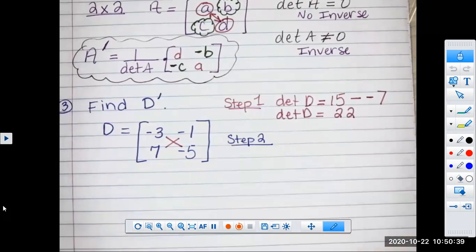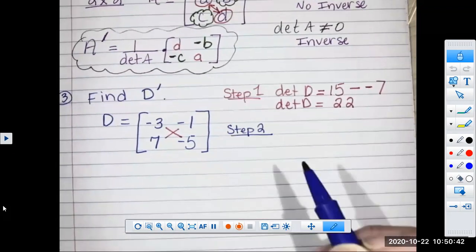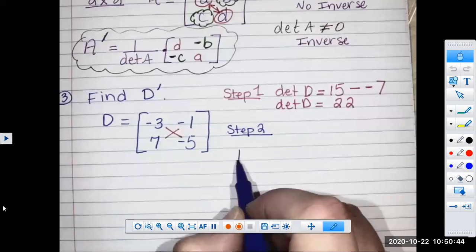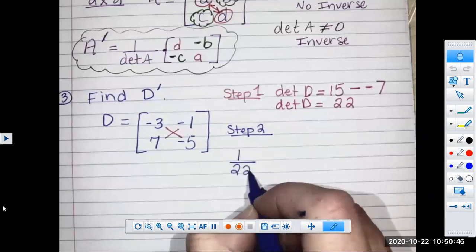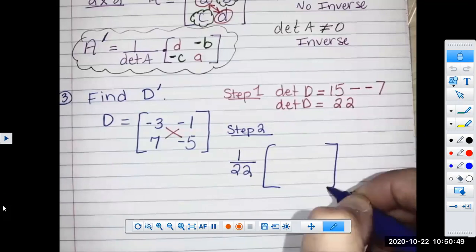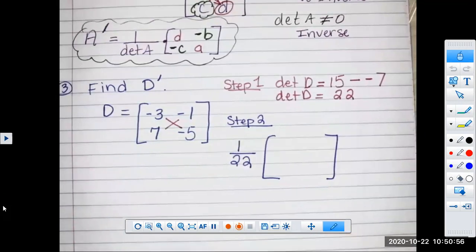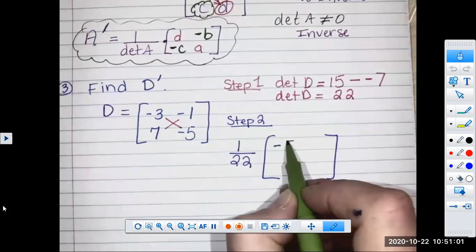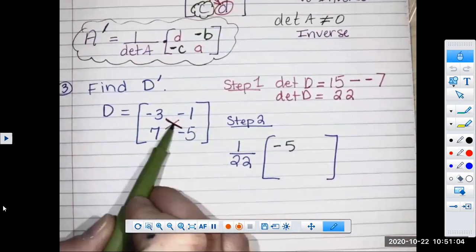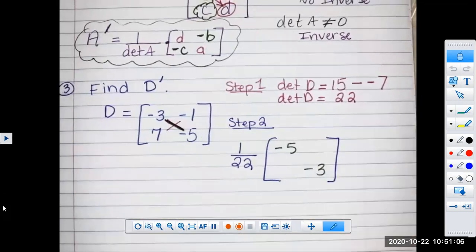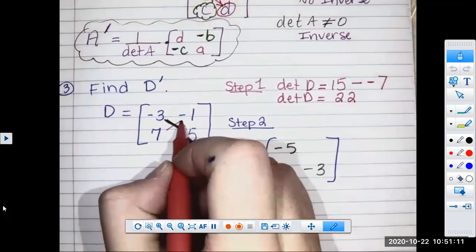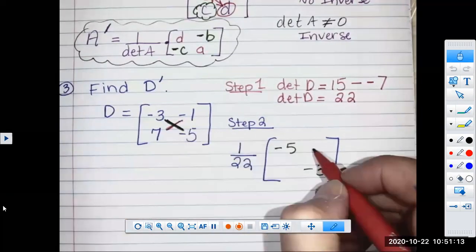All right, step 2, you're going to say 1 over that determinant, so 1 over 22, times your new matrix. Which elements are going to swap places? Good, these elements here swap places, and what happens to -1 and 7? Good, those change signs.